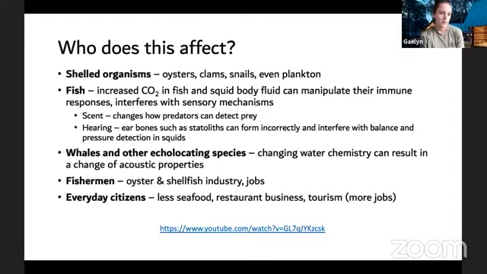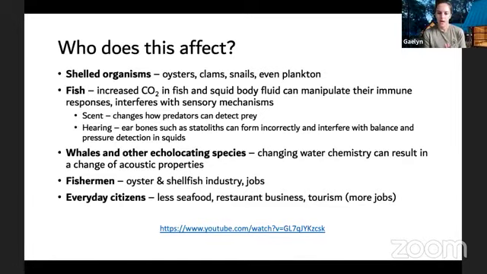Fishermen, so your blue economy, right? Oysters and shellfish are going to be affected, and therefore people are going to have issues with their jobs. They may not be able to get their revenue if they are a fisherman, or if they work for restaurants, things like that. All these people are going to be affected by anything that drastically changes the ocean and what it does for us.